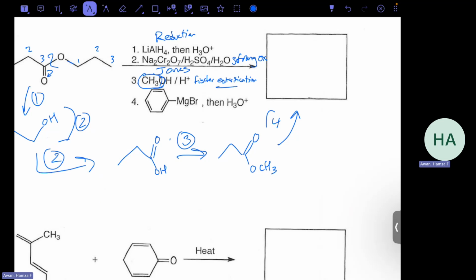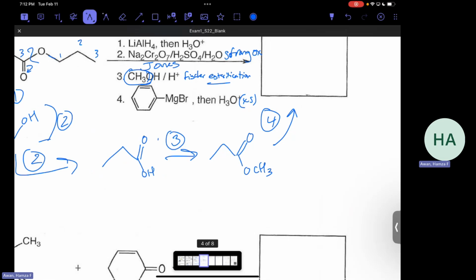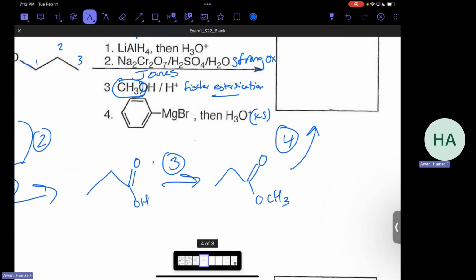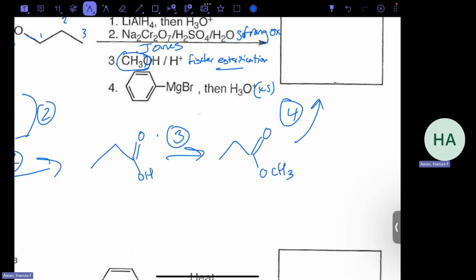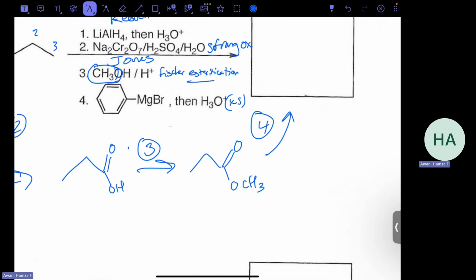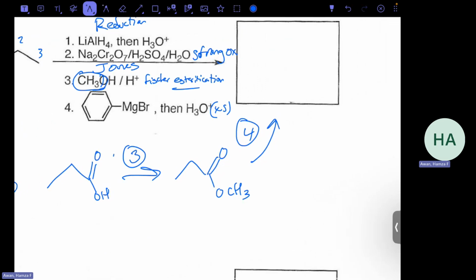It doesn't say excess here, but in this case, we actually do this 2 times because this is an ester, and technically that OCH3 is considered a good leaving group. So because of that, whenever this MgBr attacks the first time, this oxygen gets its minus charge, but then that minus charge wants to balance itself. It creates that double bond one more time.